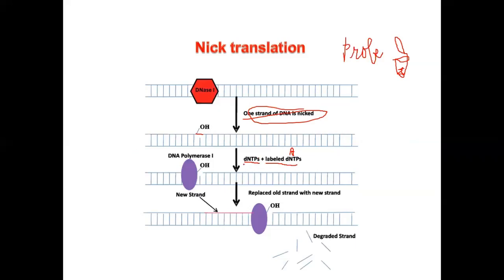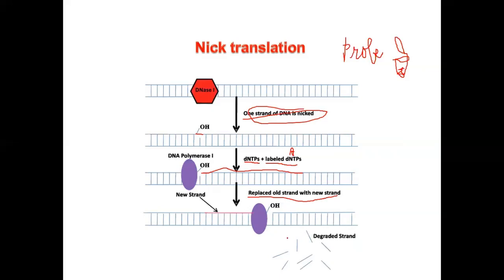Apart from that, you will also add normal dNTPs and you add DNA polymerase. This is what is called nick translation, which means the DNA polymerase extends from the nick position and creates a new strand. It replaces the old strand with a newly formed strand in which dNTPs and labeled dNTPs are added.